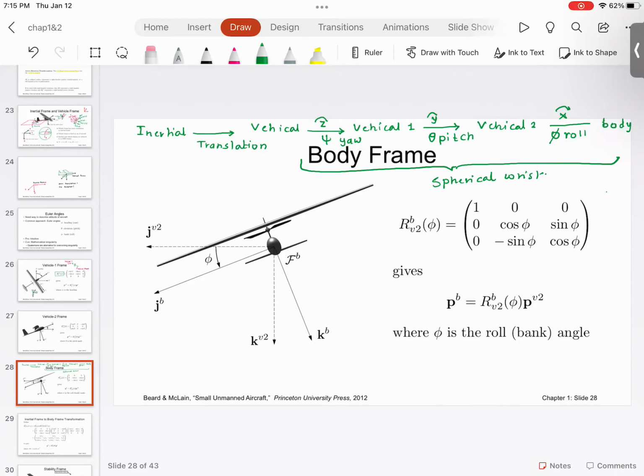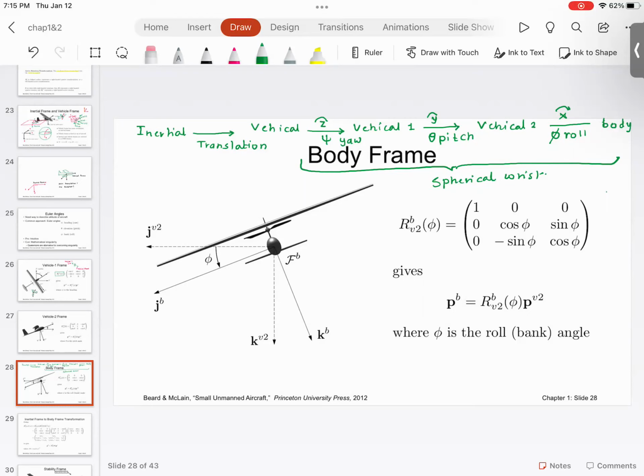Newton's laws are vector equations. Vectors require coordinate frames. So all the forces need to be transferred to a constant coordinate frame. All the rotations, angular velocities, angular accelerations need to be transferred to a consistent frame. And then you get this differential equation that you solve, and that's it.